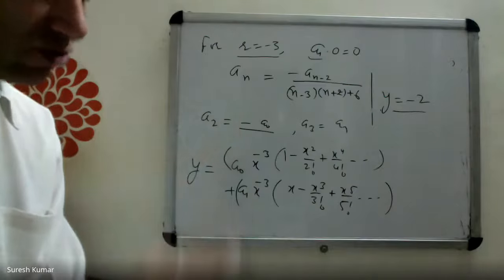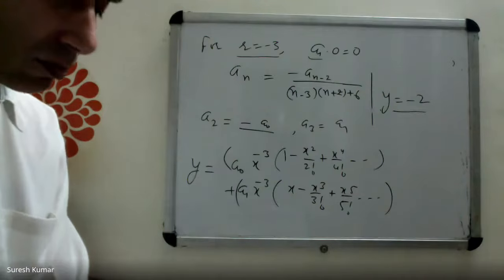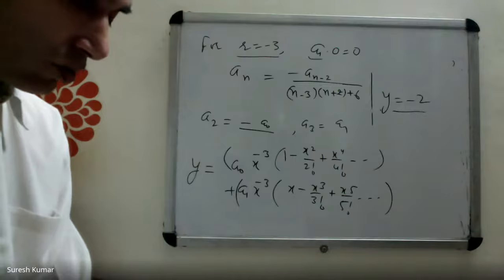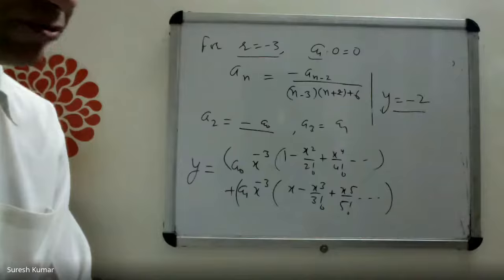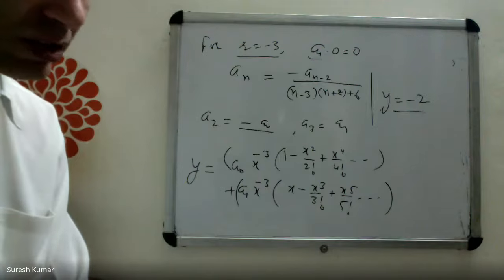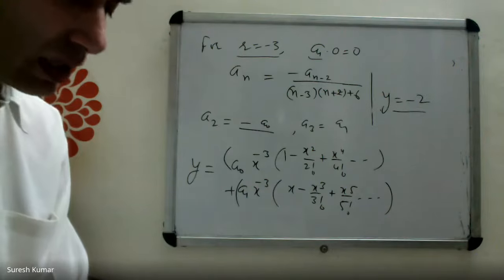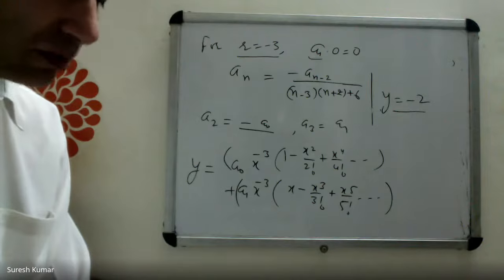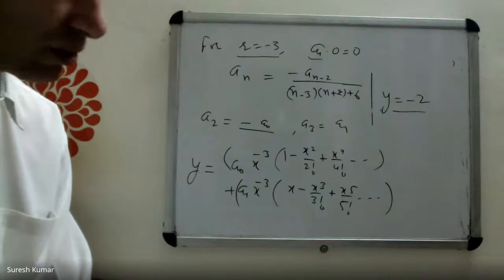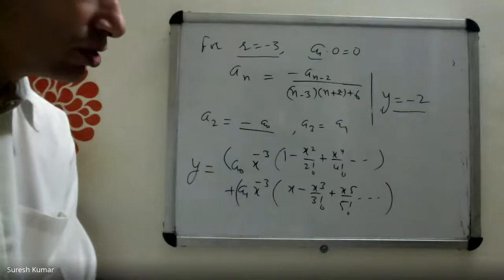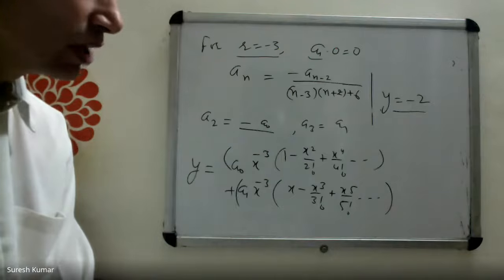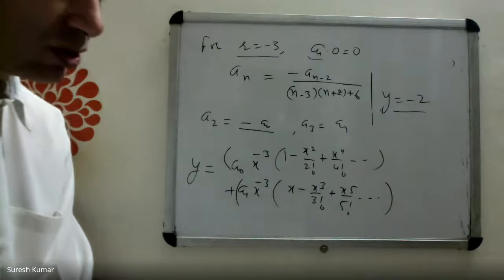So these are different possibilities for the case when the roots differ by an integer. So we have seen different things. It depends on the roots of the indicial equation and the recurrence relation, in particular the given differential equation. Sometimes you get only one Frobenius series solution. Sometimes you get two Frobenius series solutions.